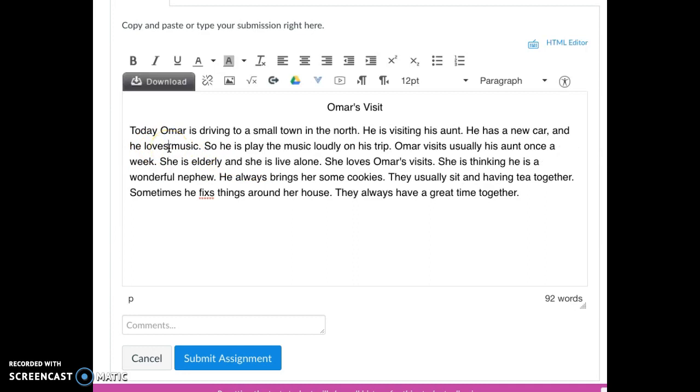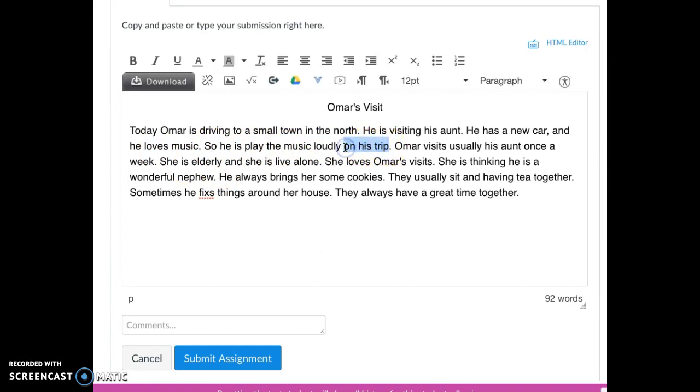Many students use the present progressive here. They said he is loving music. But go back to that information about non-action or stative verbs. Love is a non-action verb. You don't say I am loving. You say I love. It's almost more like a fact than an action, right? So he loves music.